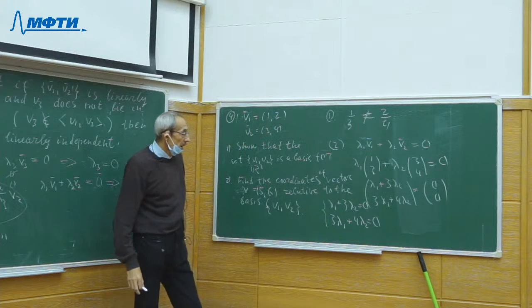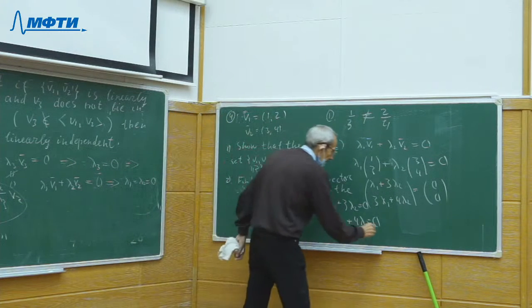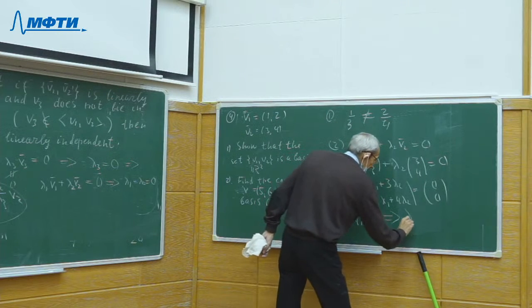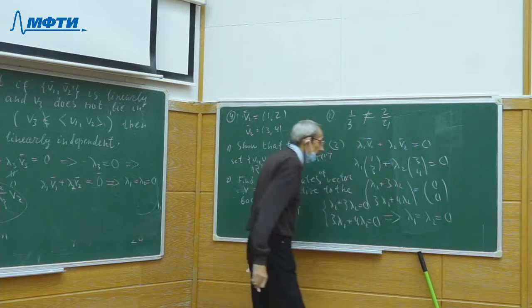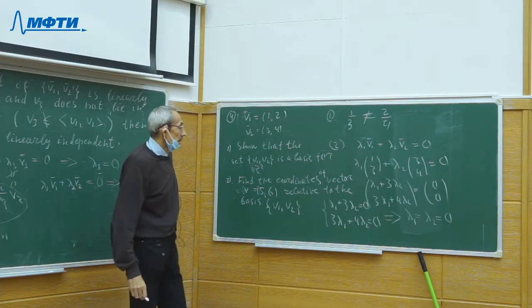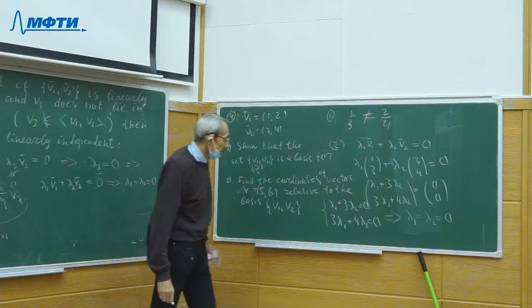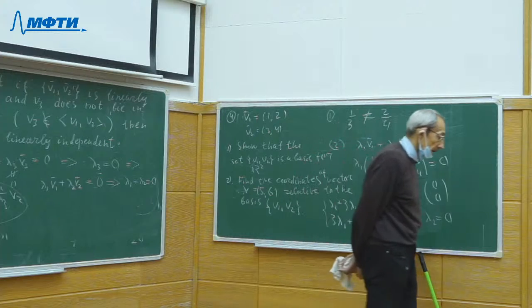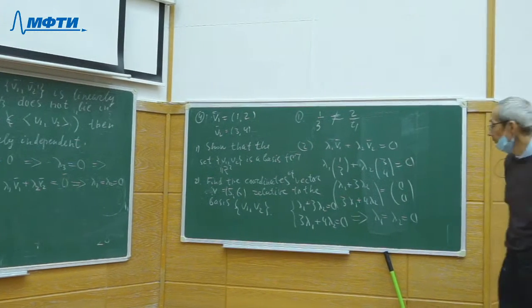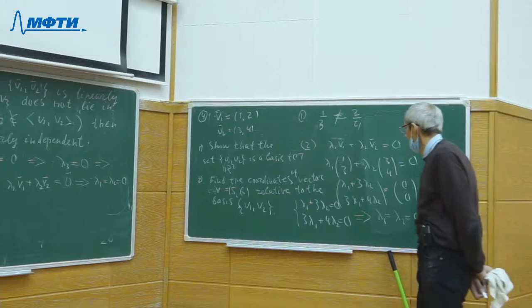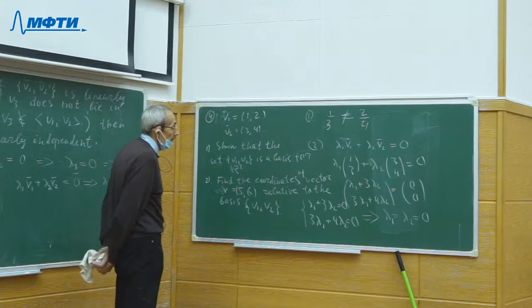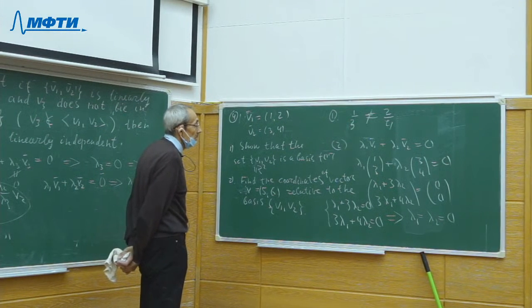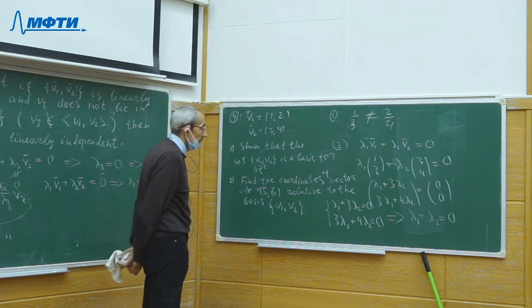We can solve these equations and obtain that the unknowns lambda 1 and lambda 2 are equal to 0. And so we have proved that these vectors are linearly independent.